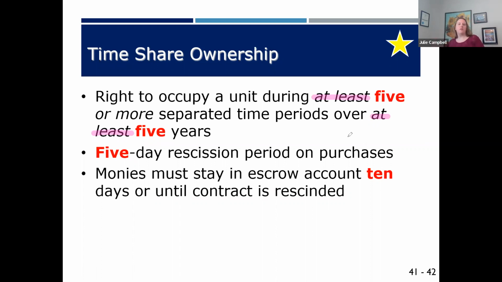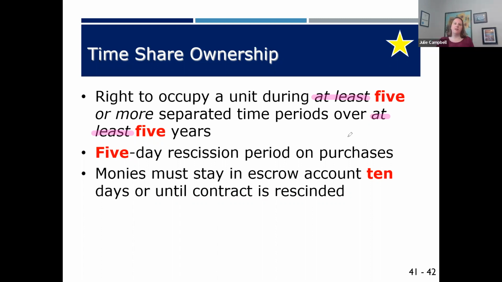If you own it for 3 or more separate time periods over 3 years, you don't have a timeshare. Everybody see what I'm saying? The minimum requirement to qualify under a timeshare, you own a unit, the right to occupy at least 5 or more separate time periods over at least 5 years.